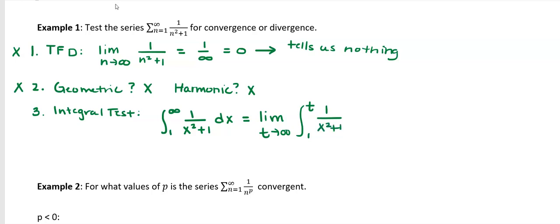Now we can take the antiderivative of this. The antiderivative of 1 over x squared plus 1 is arctan. Oops, I forgot to write my limit statement. So now we can take a moment and evaluate this at t and 1.